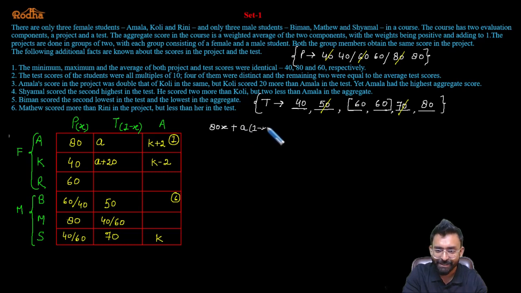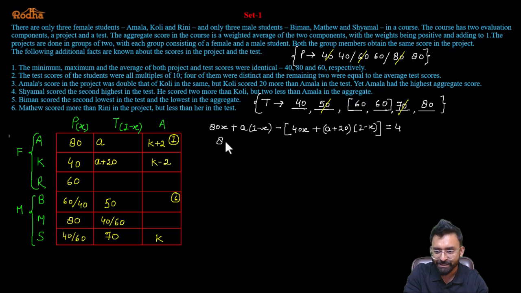In fact 1 minus x, that is her aggregate score. और उसमें से अगर मैं कोहली का aggregate score माइनस कर देता हूँ, which is 40 into x plus a plus 20 into 1 minus x, that should be equal to 4.